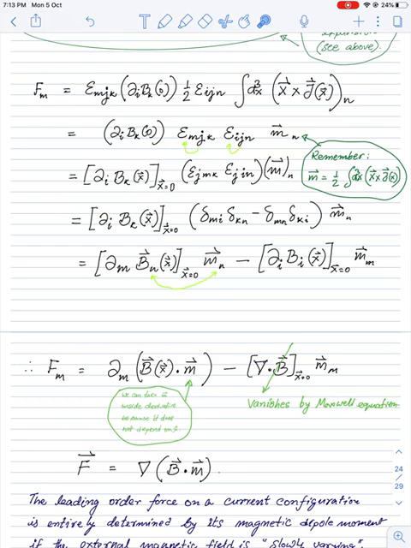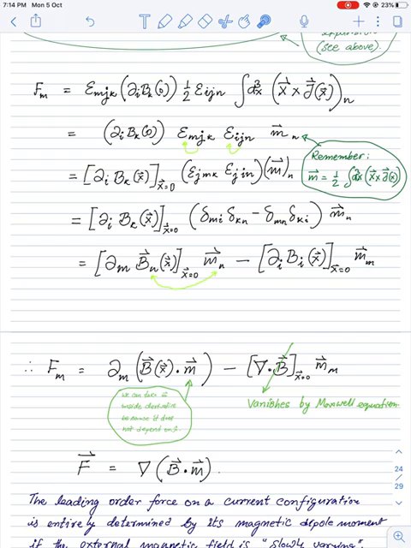Again, let me emphasize that this is the leading order force on the charge configuration. There can be sub-leading order corrections to this force. If the magnetic field is strongly varying, then there can be quadrupole corrections to this force as well. So the leading order force for a slowly varying magnetic field is given, for any arbitrary current configuration, by the magnetic moment of the configuration.